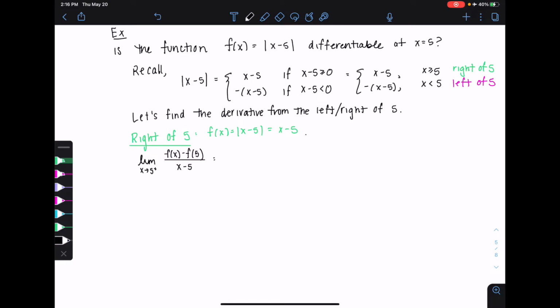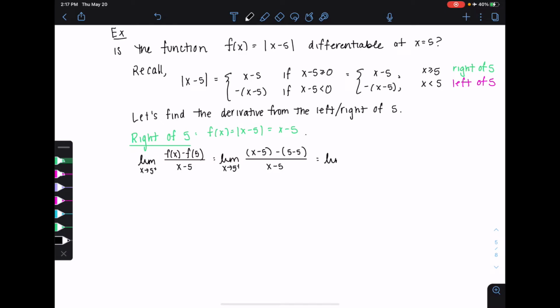So this is equal to the limit as x approaches 5 from the right. Our function has output x minus 5, and we're going to subtract what we get when we plug in 5, which gives us 5 minus 5, or 0. And in the bottom, we have x minus 5.